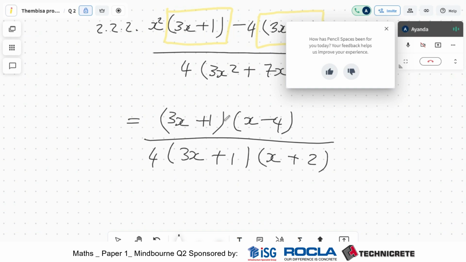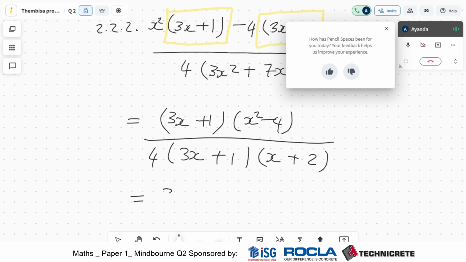Now we have 3x plus 1 and 3x plus 1 at the bottom. And this is supposed to be x squared minus 4. So what we can do is we can factorise x squared minus 4, because that's the difference of 2 squares.